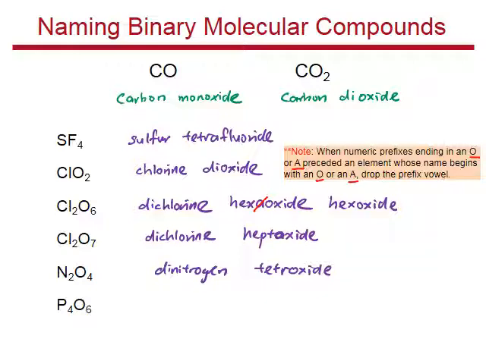Next, P4O6, there are 4 phosphorus, so it's tetraphosphorus. 6 oxygens, again we're going to drop the A of the prefix, so it's hexoxide. And lastly, we have PCl5, so it's phosphorus.